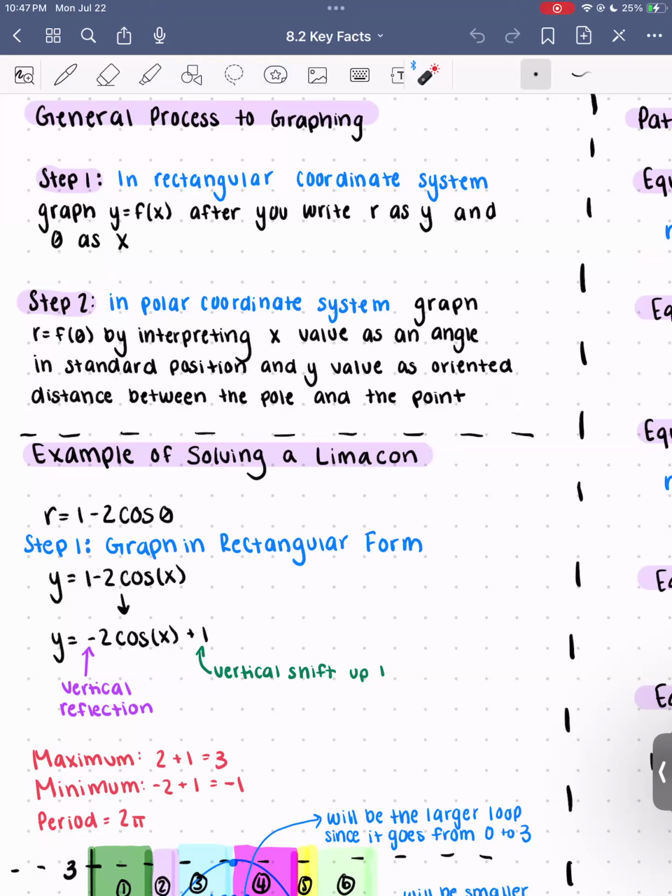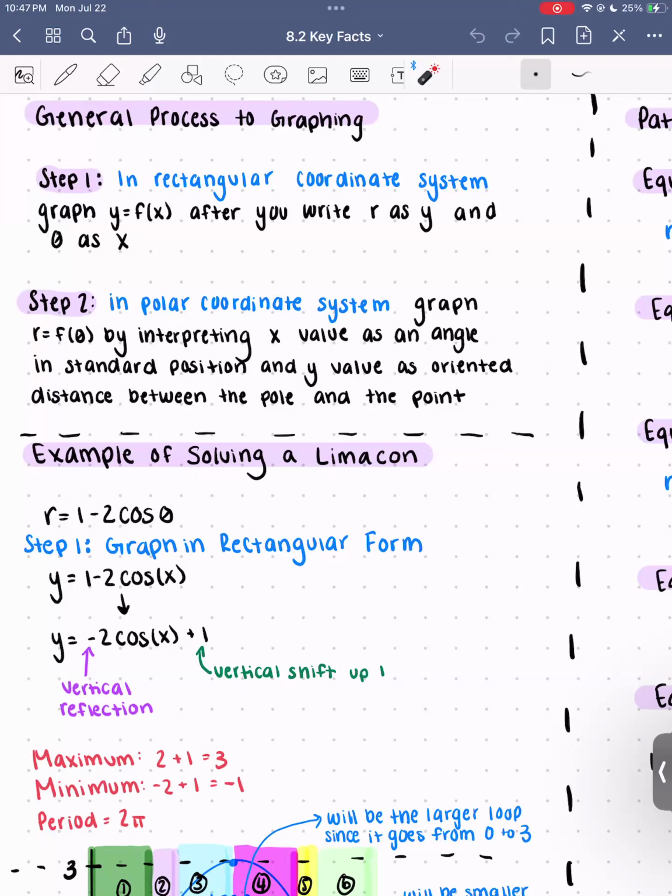The first step is you'll be given a polar equation, and you're going to want to graph that equation as if we were in the rectangular coordinate system. So you would graph y is equal to f of x after you replace r with y and theta with x. We'll get to examples of that.